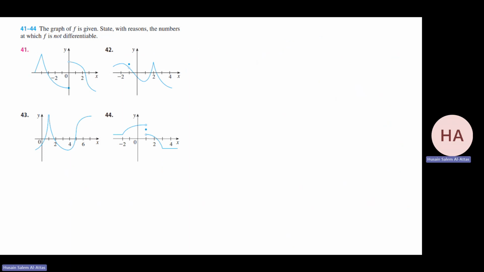These are some of the problems, how you can decide where the function is not differentiable. Actually, I got it from the Stewart book.